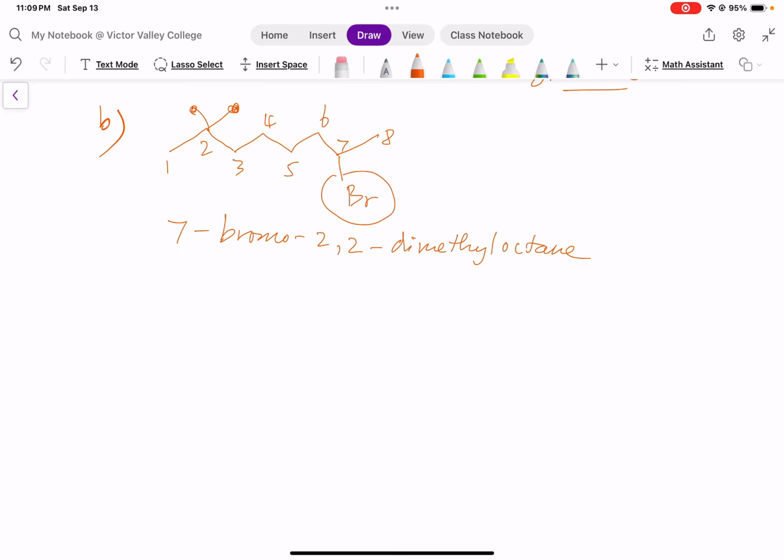Now here's another one. Okay. Now there's a lot of branches on this side, but one of these carbons has got to be number 1.